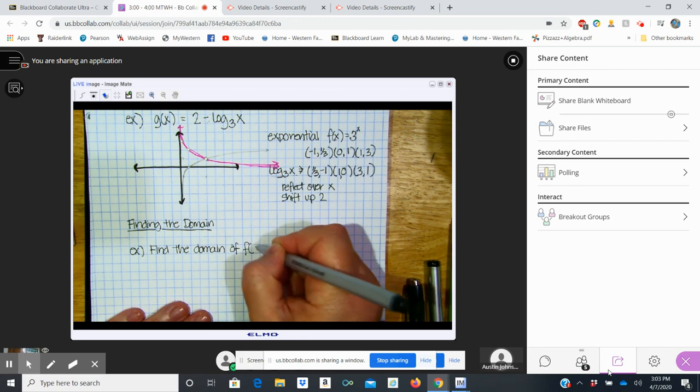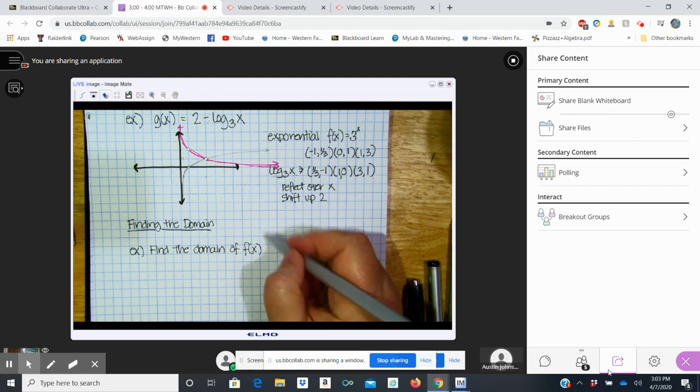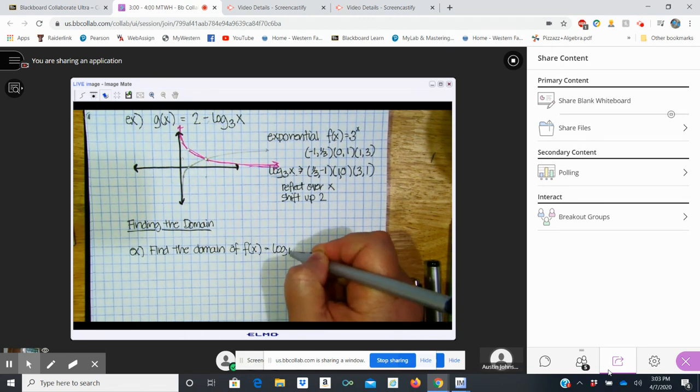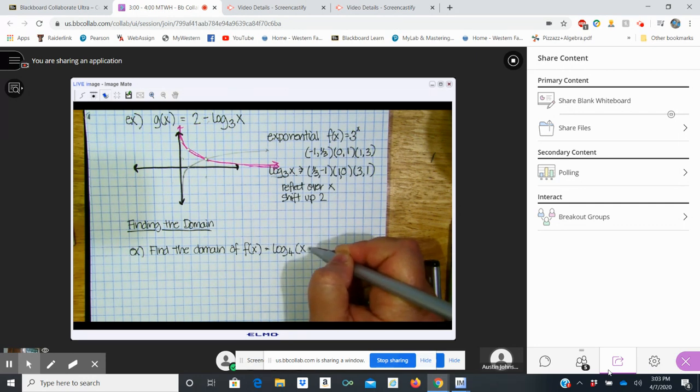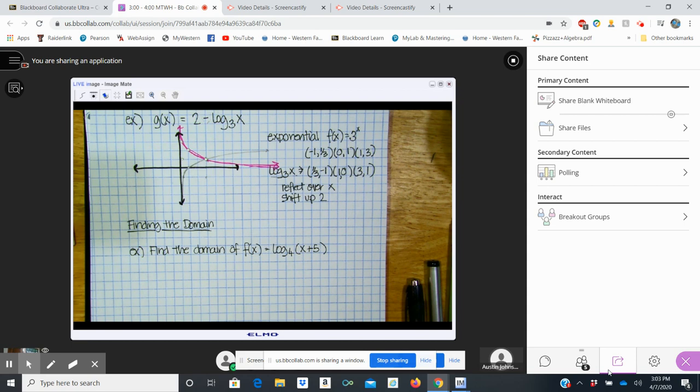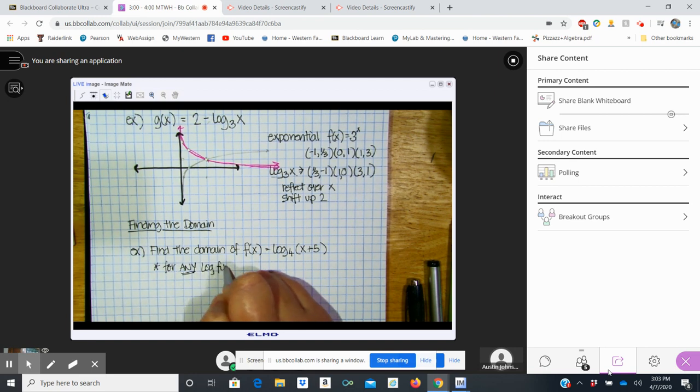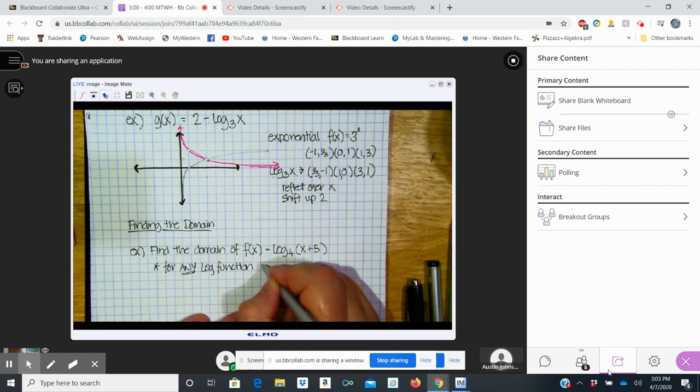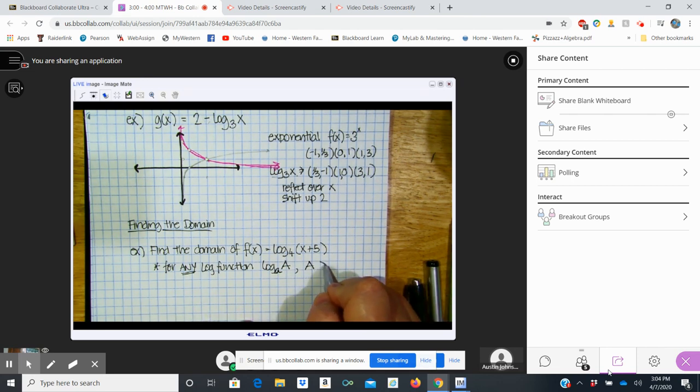All right, so if you're asked to find the domain of some function that is a log, what you have to remember is that for any log function, where you have log base a of some value a, that value a must be greater than or equal to 0. Well, sorry, not equal to. It must be greater than 0.